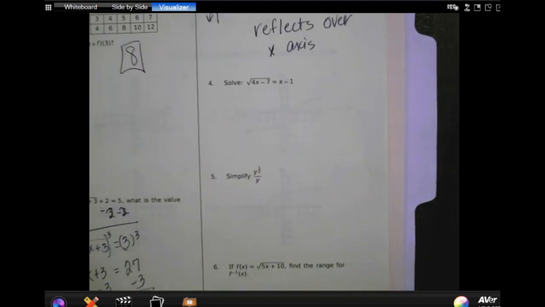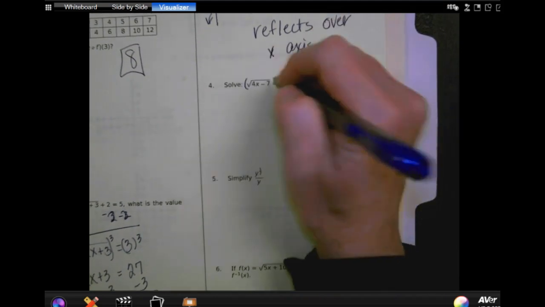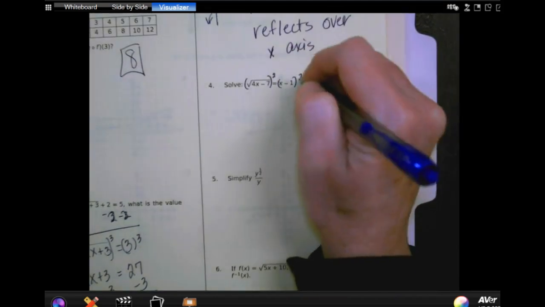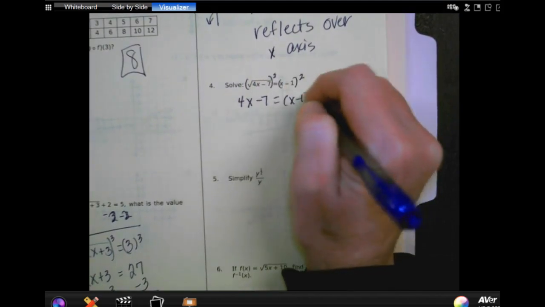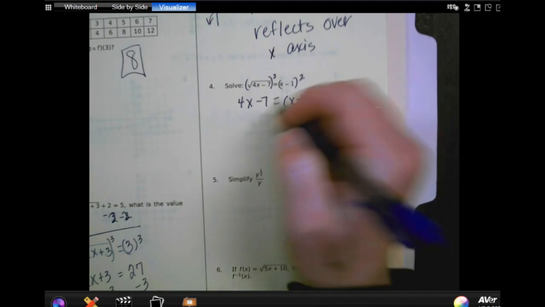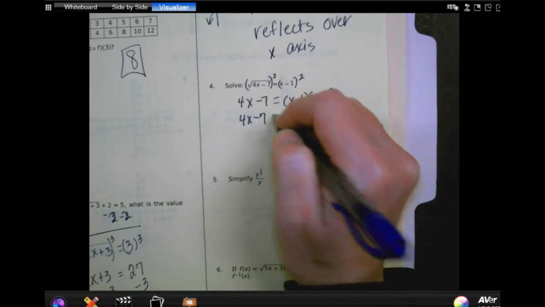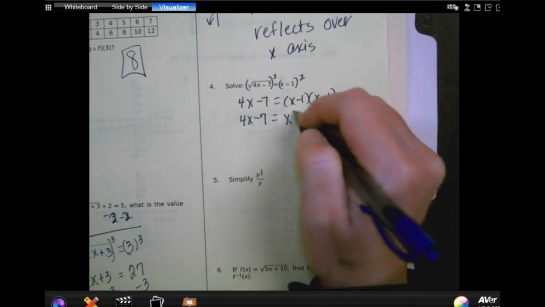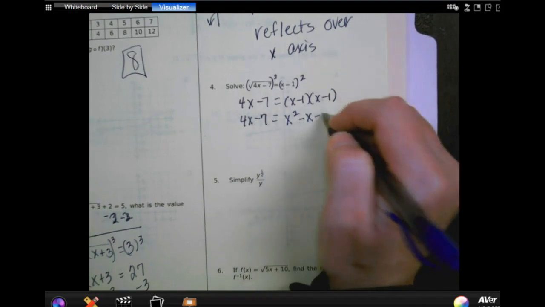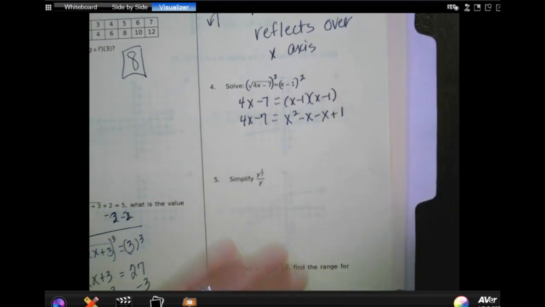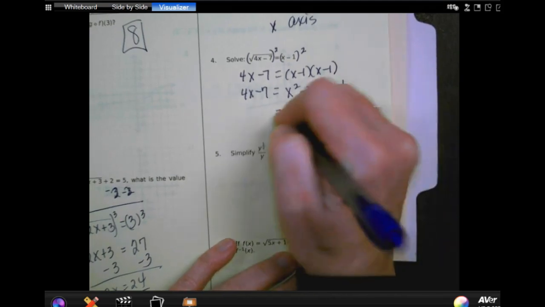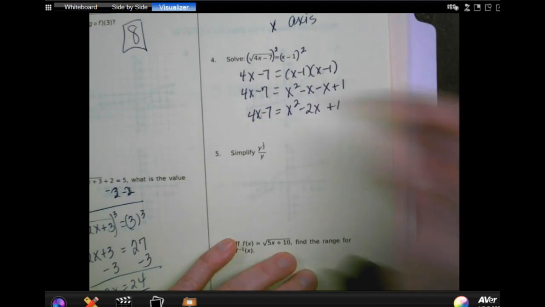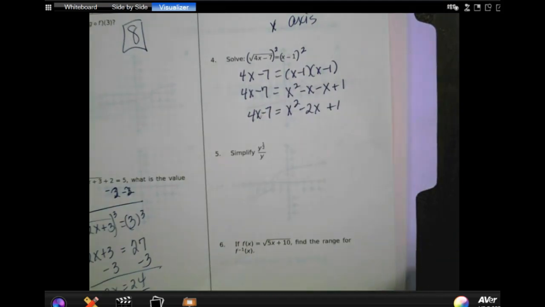So what would I do with number 4? I have to square both sides. So when I multiply, I get x squared minus x plus 1. What do I do next?